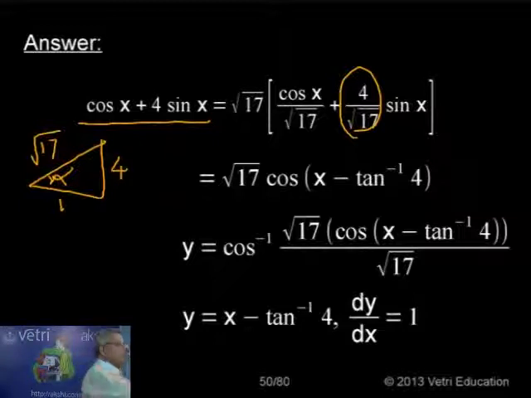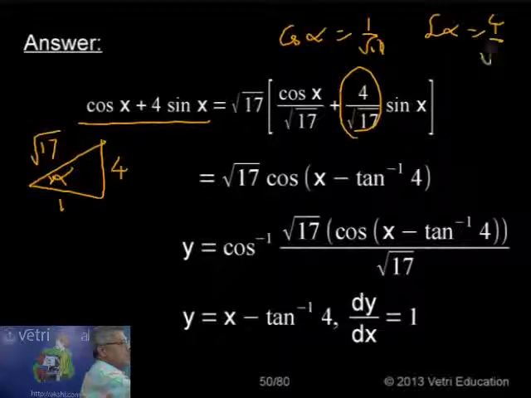So automatically we get cos inverse of cos of x minus alpha, where tan alpha is 4 by 1.